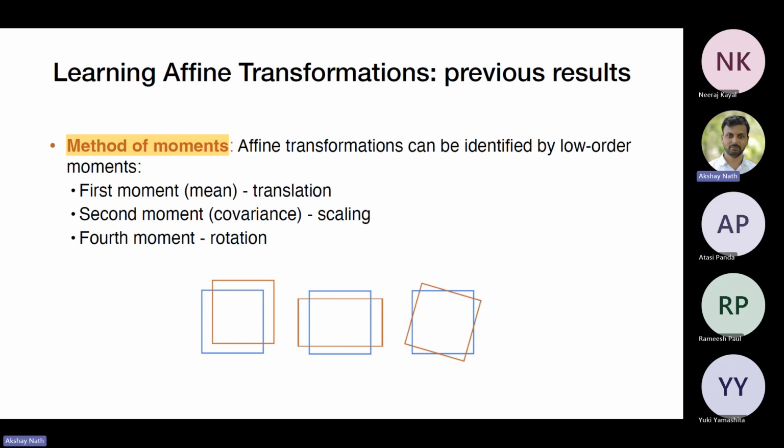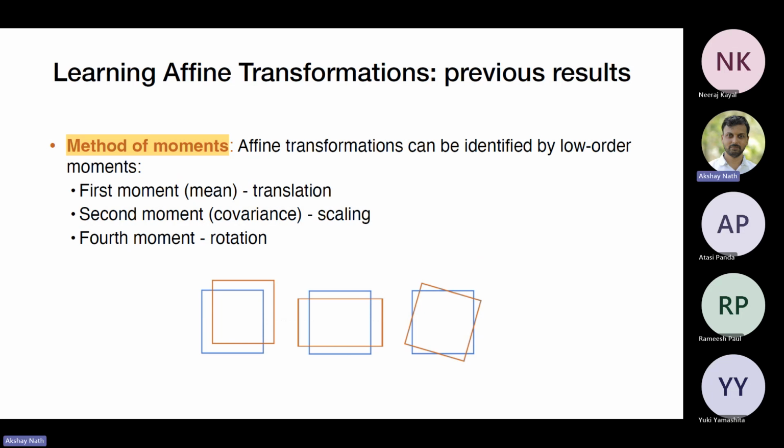And these are the previous results, the previous algorithm for how we can learn affine transformations. The easiest thing we can think of is just to use the method of moments, because the first 4 moments can uniquely determine a hypercube. The first moment, or the mean, will correspond to the translation vector b.